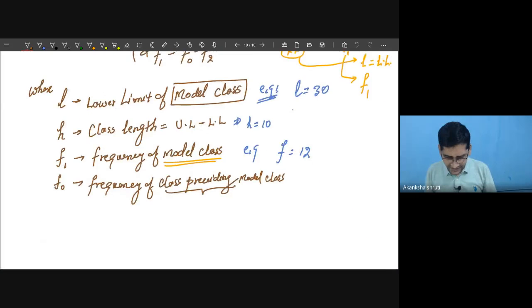So student, the frequency of the class preceding means it is just before the modal class.